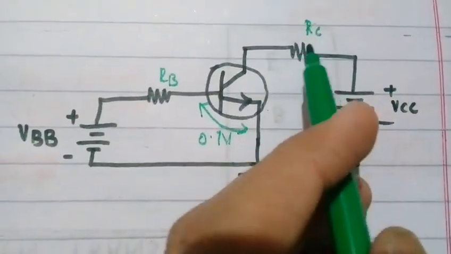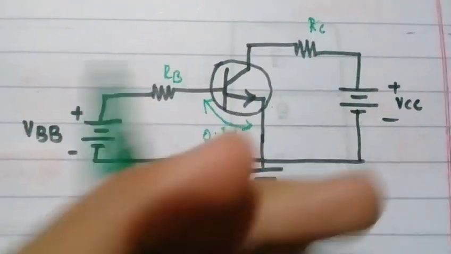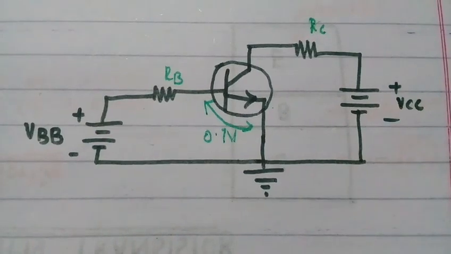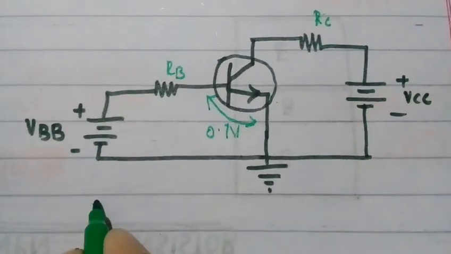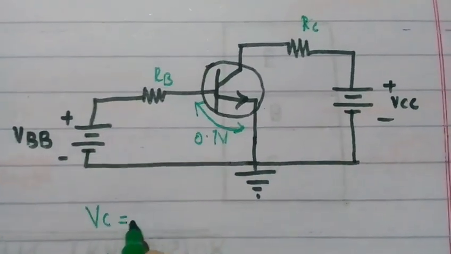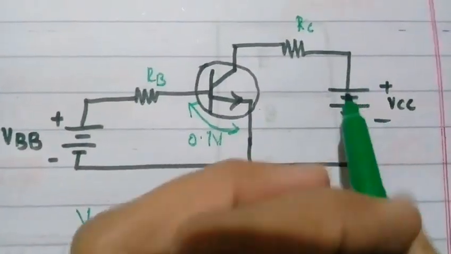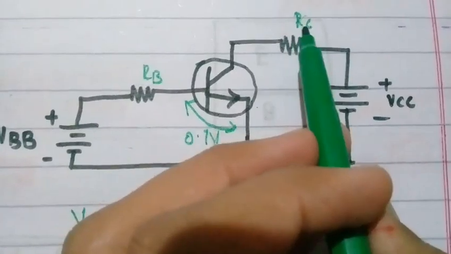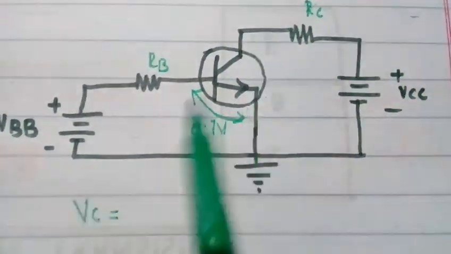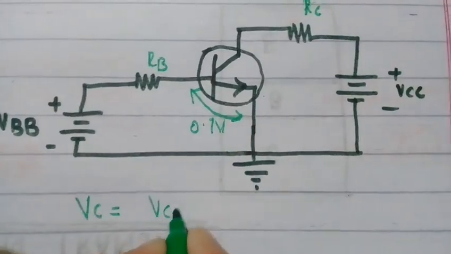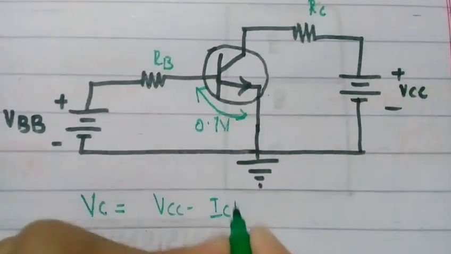So now we'll derive some formulas. First of all, we see the collector voltage. VC will be equal to the voltage the battery supplies minus the drop across the resistance, so VC equals VCC minus IC into RC.